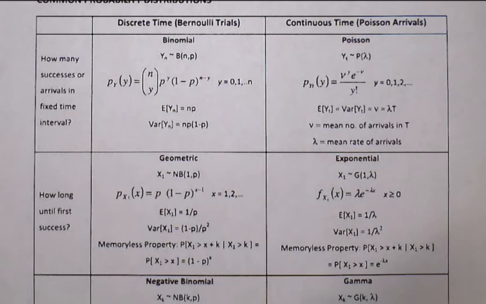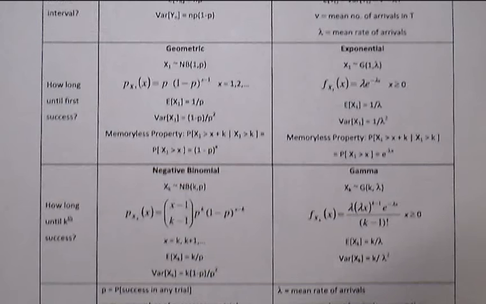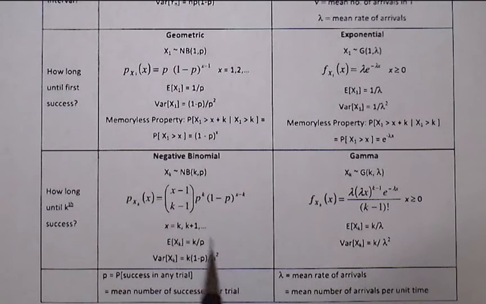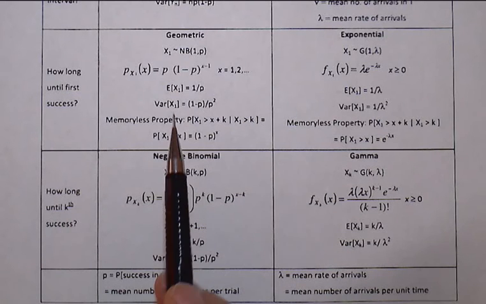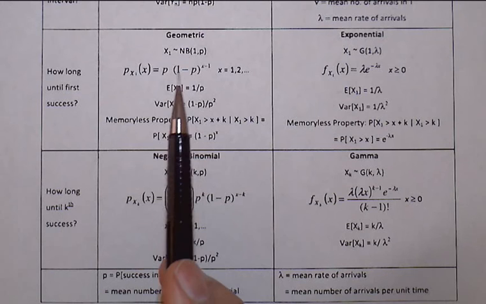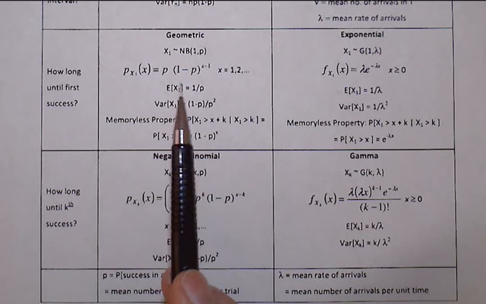If we're interested in how long until the first success, that's the geometric distribution, and the geometric distribution is in itself a very special case of the negative binomial, right, which is down below. Negative binomial is just generally speaking how long until the kth success. So if you let k become 1, that's how you get the simplified version here, and you get the geometric distribution.